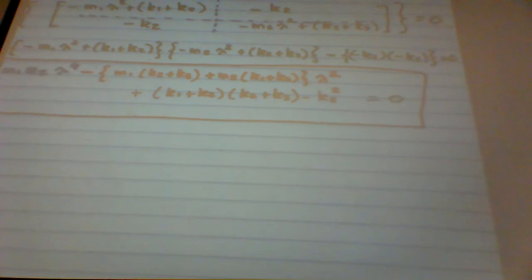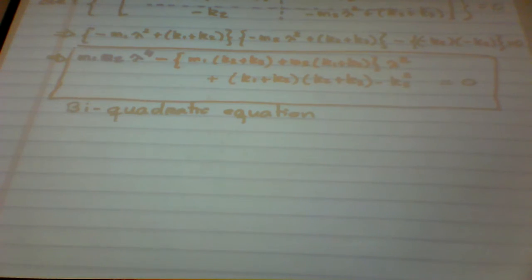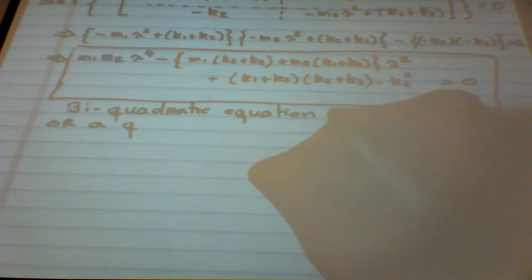Okay, so over here, what type of equation is this? That's a funny name, but it's a quartic? If it was called a quadratic equation, we'd have lambda squared times lambda. So this could be a biquadratic equation.